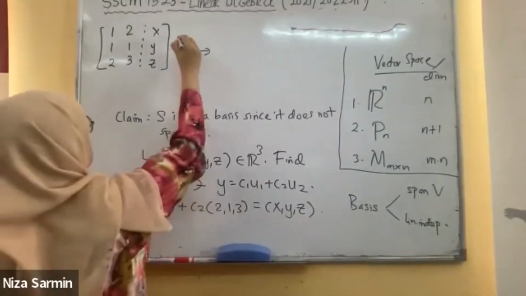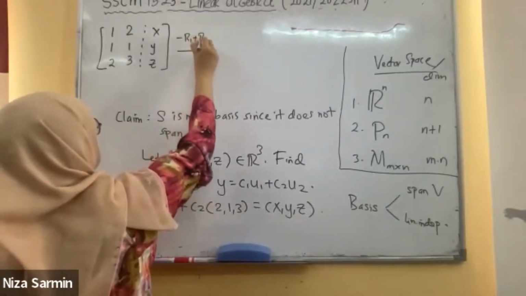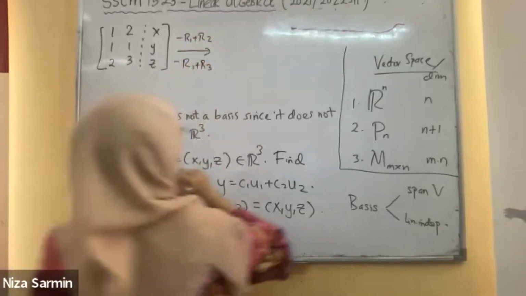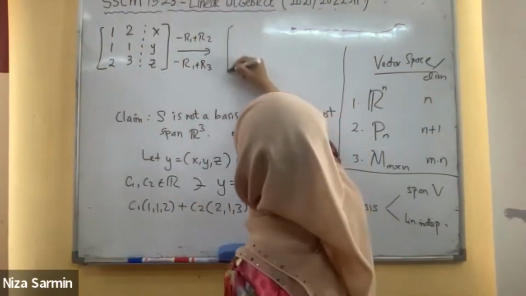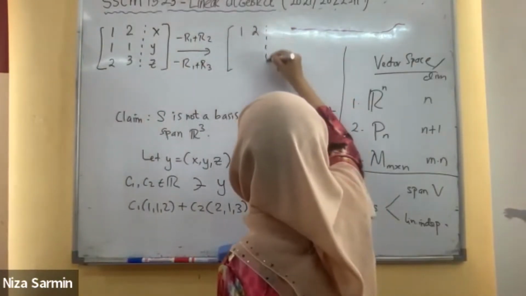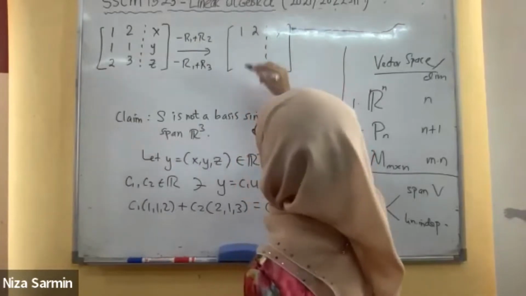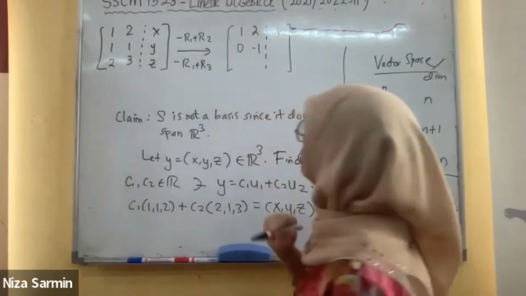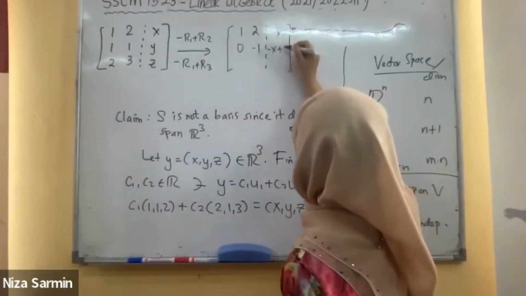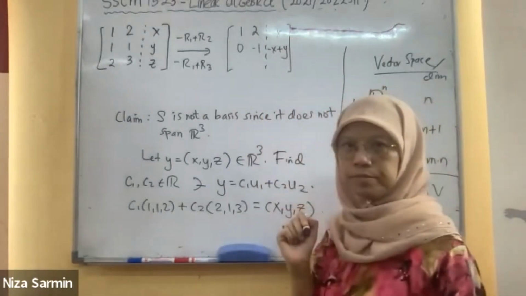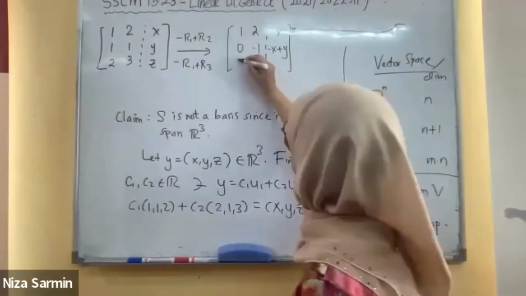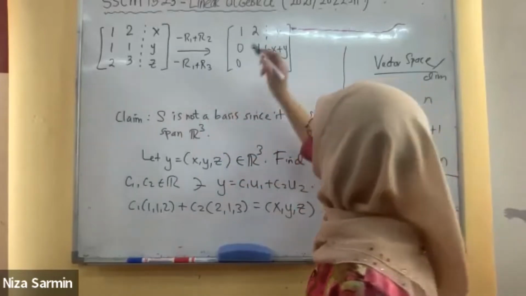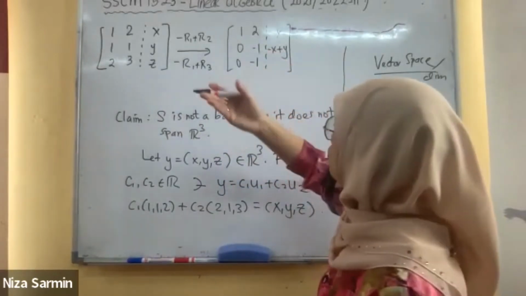Okay, so negative row 1 plus row 2, negative row 1 plus row 3. Zero, negative 1, negative X plus Y. Zero, negative 2 plus, negative 4 plus, negative 2 plus.